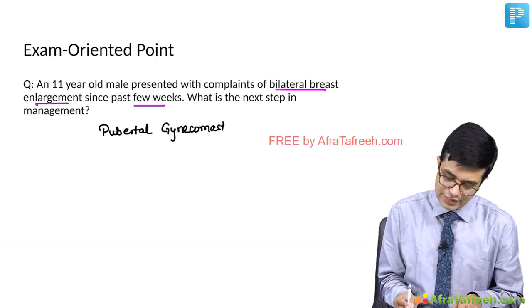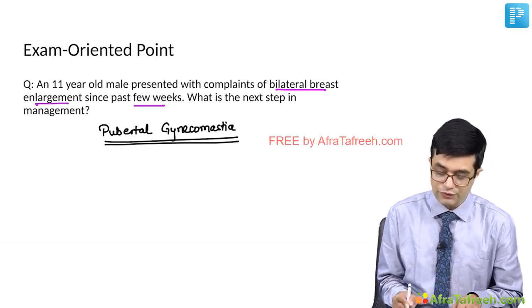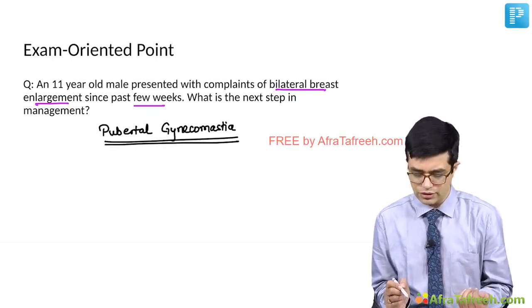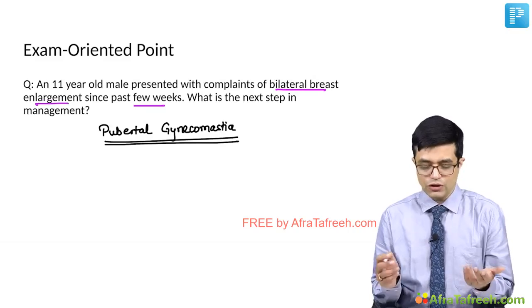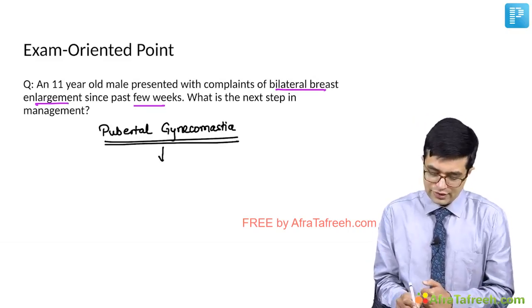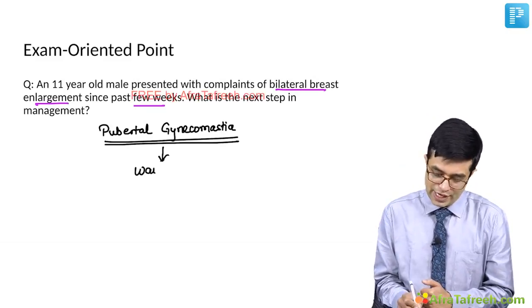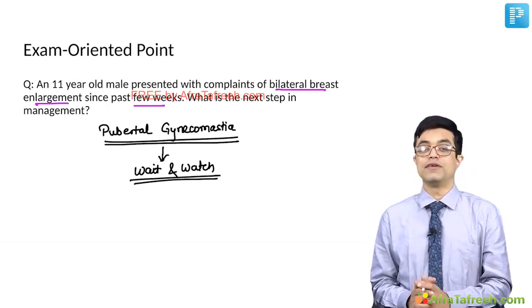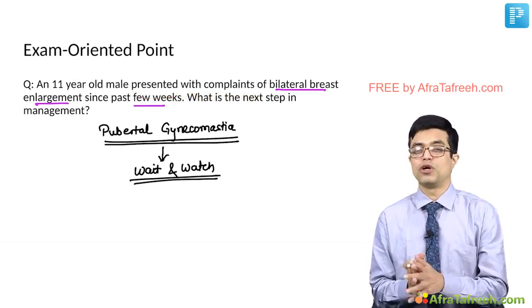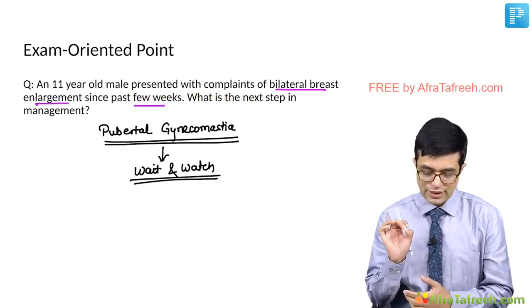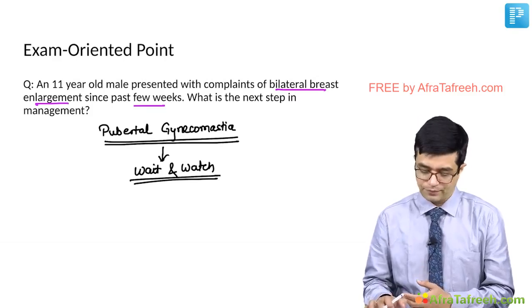The word gynecomastia is now no longer favored by some authorities because they say it is not a pathological condition. But physiological gynecomastia, that is pubertal gynecomastia, is pretty normal and nothing needs to be done. Wait and watch is usually undertaken for these patients unless you have something pathological, something abnormal other than this happening in the child. So just only this, nothing needs to be done.